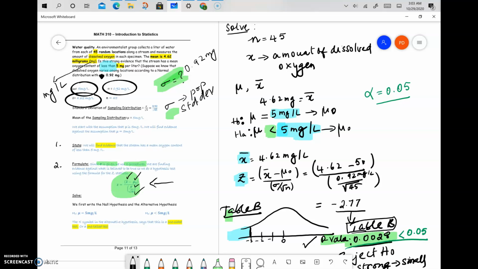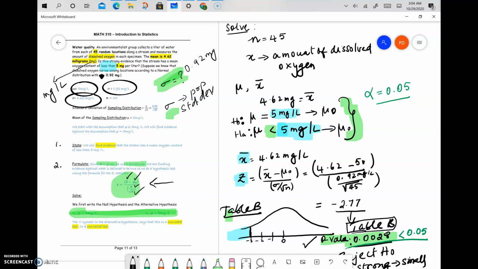So when you go to the solve part, if it's a hypothesis test, the first thing you have to write down, without which whatever you do is absolutely pointless, is your null and alternative hypothesis. Because if you don't know what you're proving, then really whatever calculations you do are meaningless. So write down your null and alternative hypothesis as we've done here. And then do the calculations.